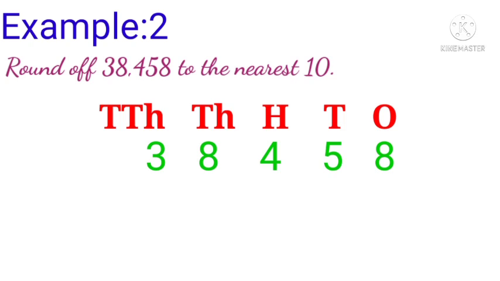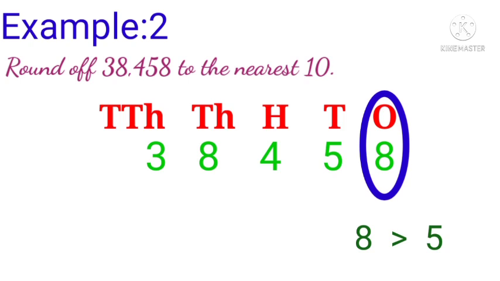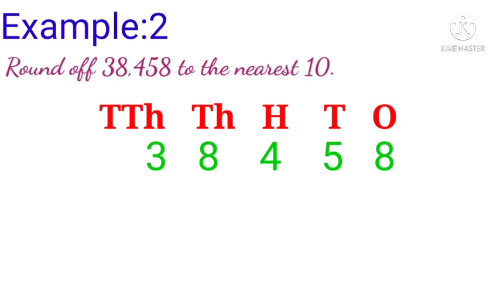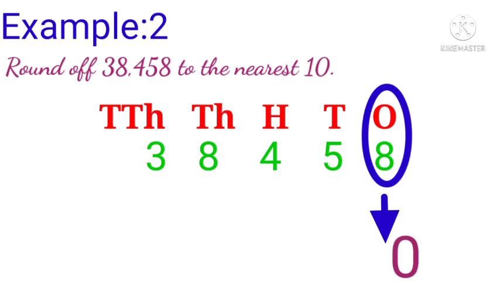Check the digit in ones place. If it is 5 or more than 5, then the number is rounded off to the next 10. Here, 8 is greater than 5. So, tens place will become 6 and ones place will become 0.